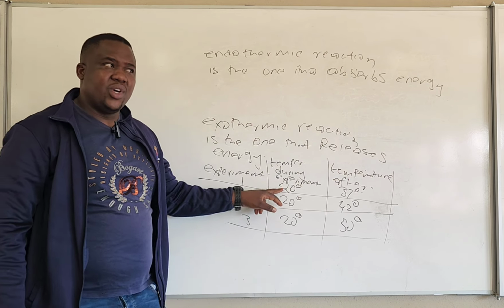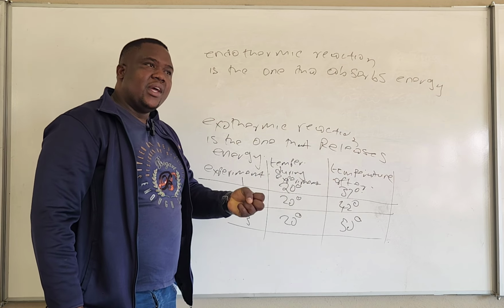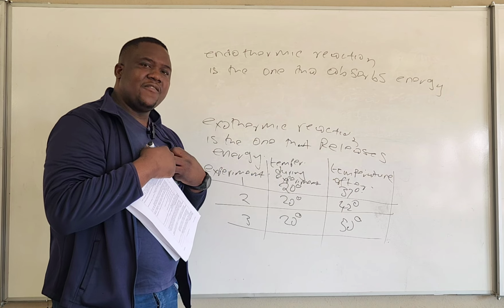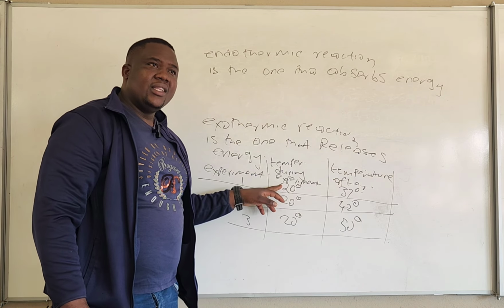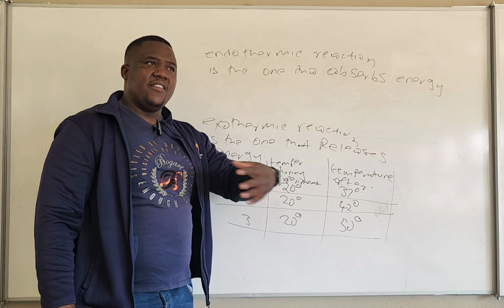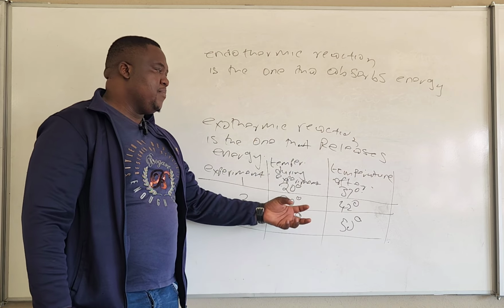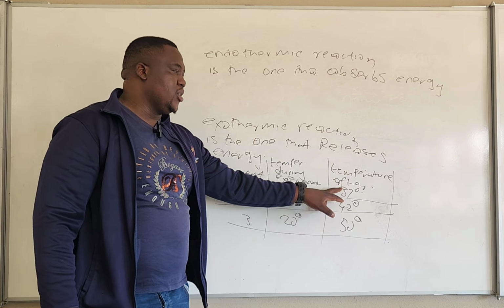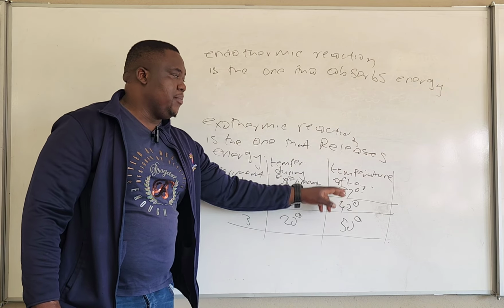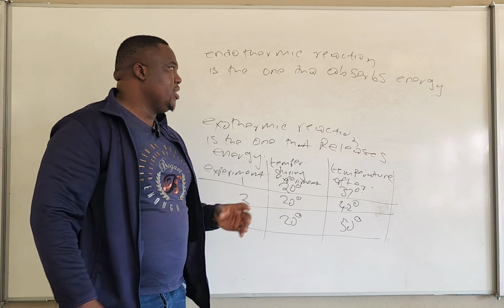Then energy was not absorbed by the system, because if energy was absorbed, the system was going to take in the energy to itself. But instead, the system did what? It released the energy to the environment, meaning that the energy we are going to have in the environment is going to be much, because the energy was released. That's why an increase in temperature represents an exothermic reaction, because the heat energy was released in the system.